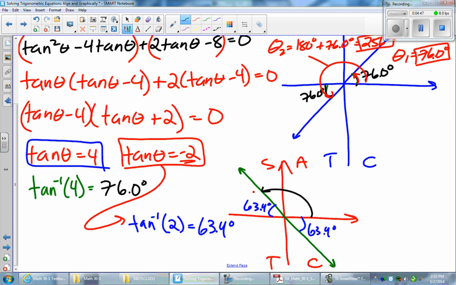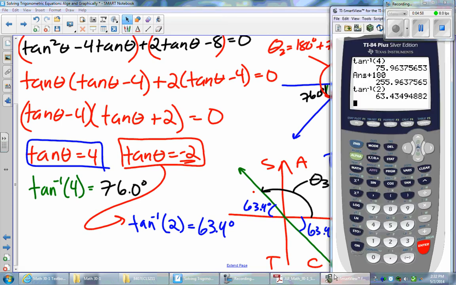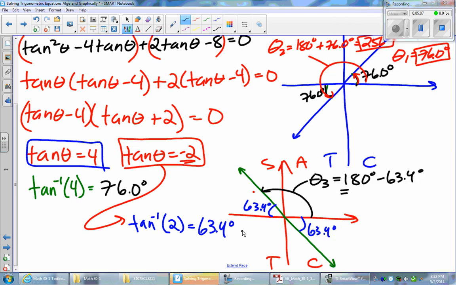To get that rotation angle, which I'll call theta 3, it's 180 subtract 63.4. So let's find out what that angle is. 180 subtract 63.4, or you can use the previous answer, doesn't matter. 116.6 degrees is the third solution.